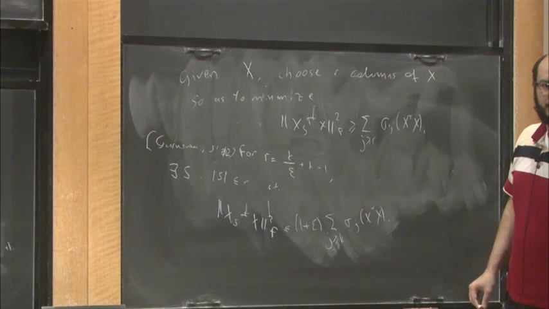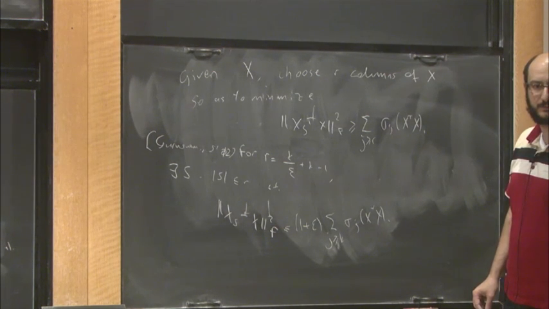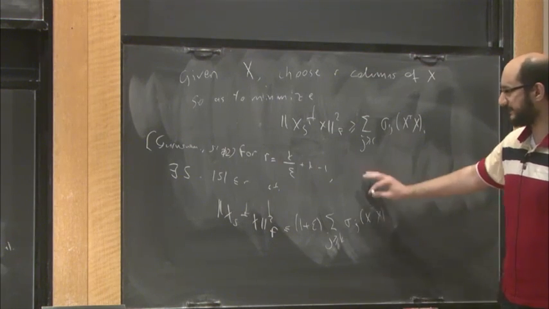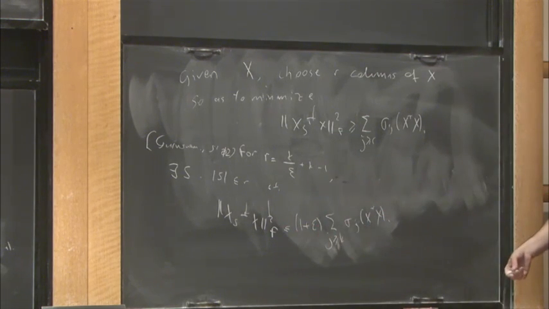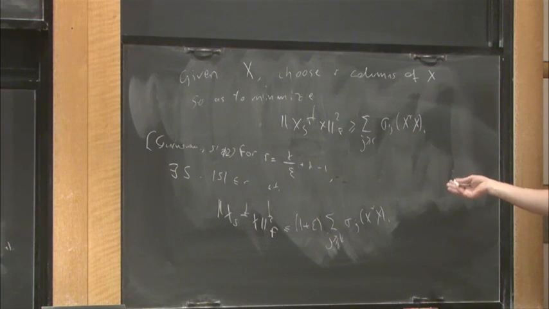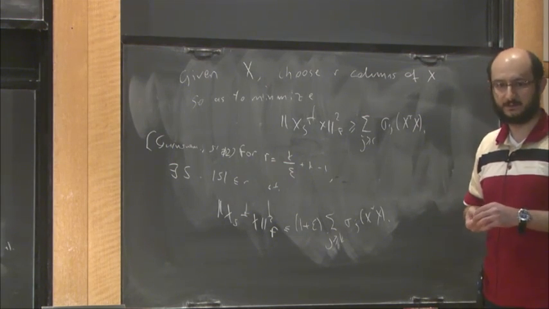Given any matrix, you can always find O of R columns such that the error is close to, you can find R columns which do as good as SVD.